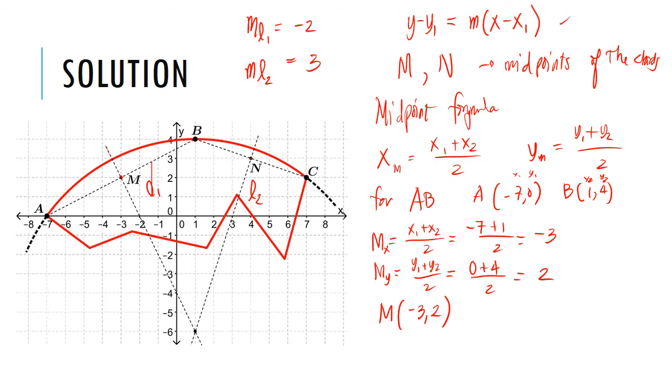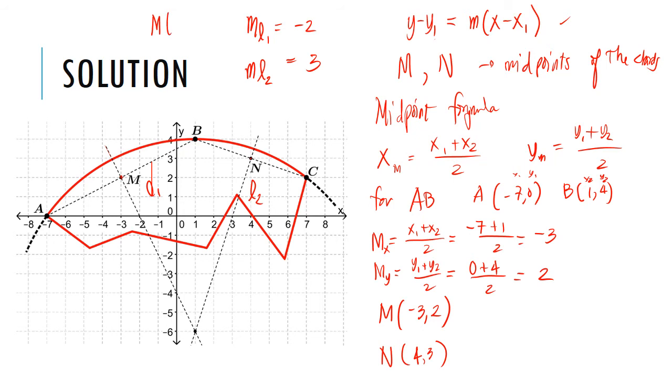We can use the same process, the same midpoint formula, for the midpoint of BC, or for point N. Okay, but I'm going to leave that to you. But the point N has a coordinate of 4, 3. So we already have the slopes of the perpendicular bisectors, and we also have the midpoint where these perpendicular bisectors pass through.